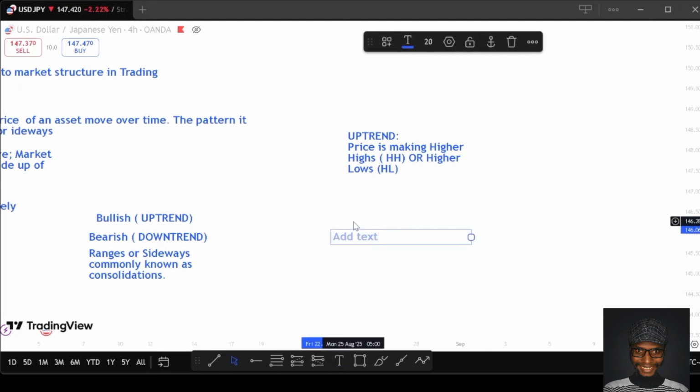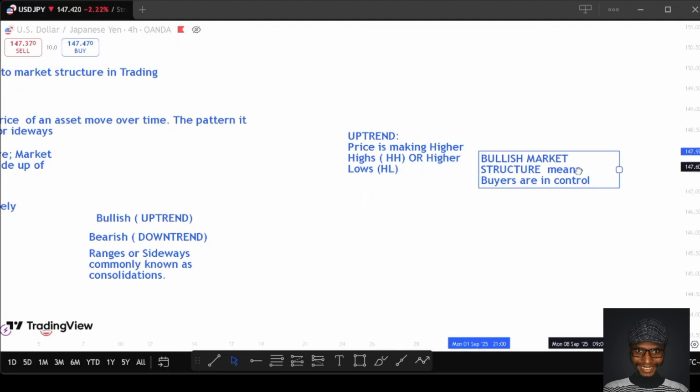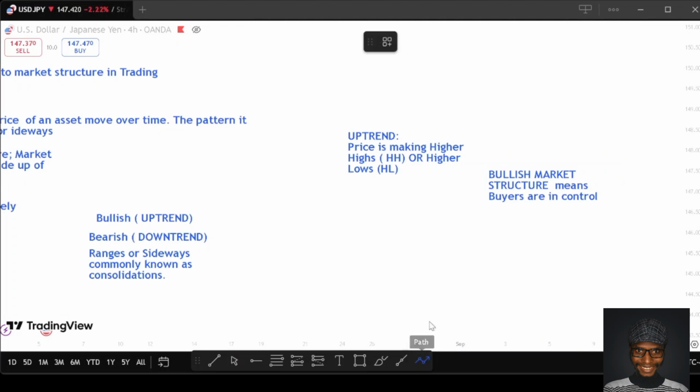So the bullish market structure, remember we are talking about structure here, means buyers are in control. Something similar is applicable to the downtrend.